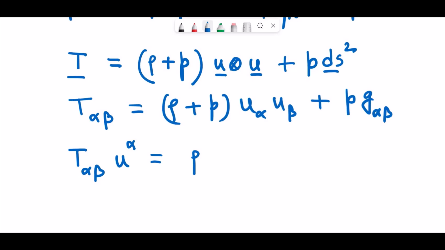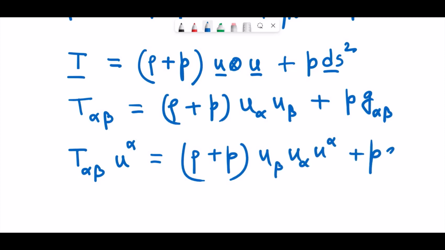We have rho plus p, then we have u beta, and then we have u alpha, plus p g alpha beta, and then we have u alpha. So obviously we have u alpha.